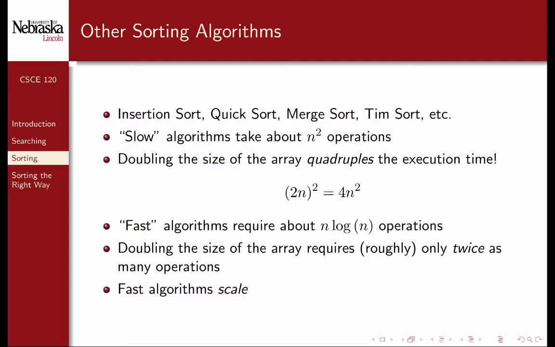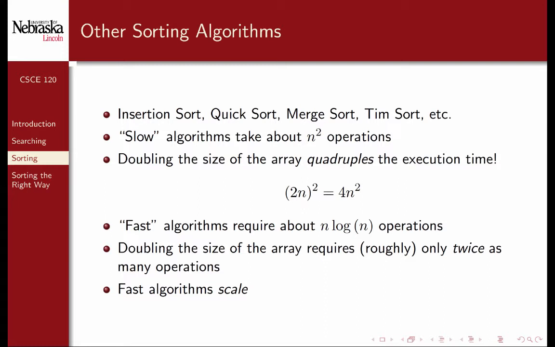Fast algorithms, such as quick sort, merge sort, and tim sort, all operate using about n log n comparisons, or operations. Doubling the size of an array using n log n operations roughly means that you only need about twice as many operations. In other words, fast sorting algorithms scale as you increase the size of your array.